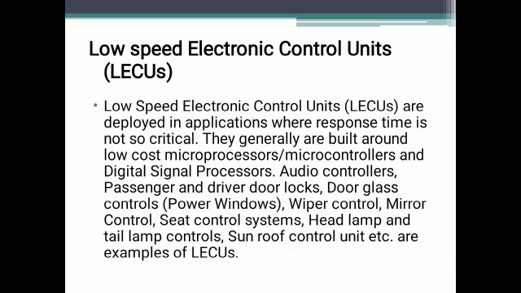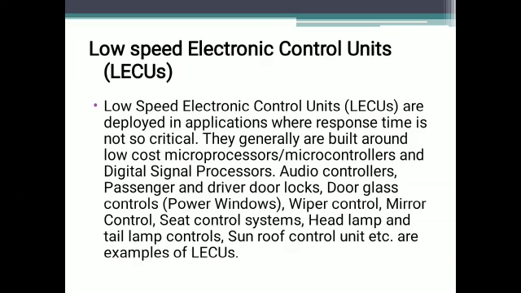Whereas here, the applications we are going to see in LECUs are generally built around a low cost microprocessor or microcontrollers and digital signal processors. Examples are audio controllers, passenger and driver door locks, door glass control, that is power window, wiper control, mirror control, seat control system, headlamp and tail lamp controls, sunroof control units, etc. These are examples of LECUs. Here the response time is not so time critical.